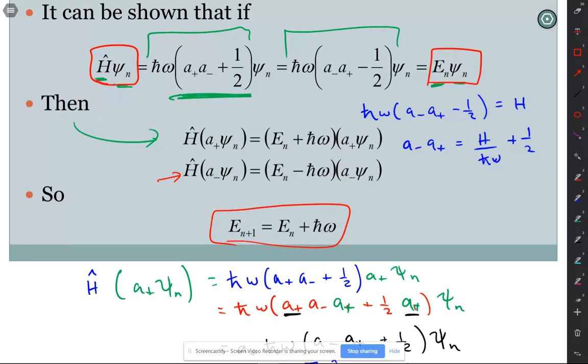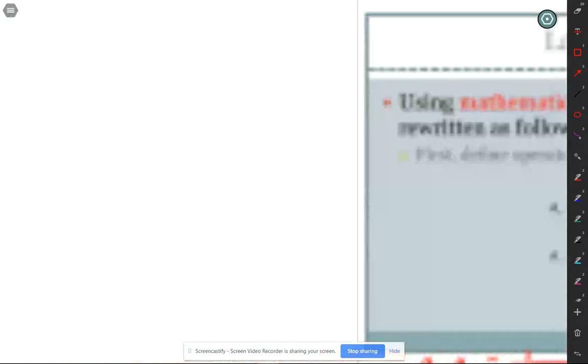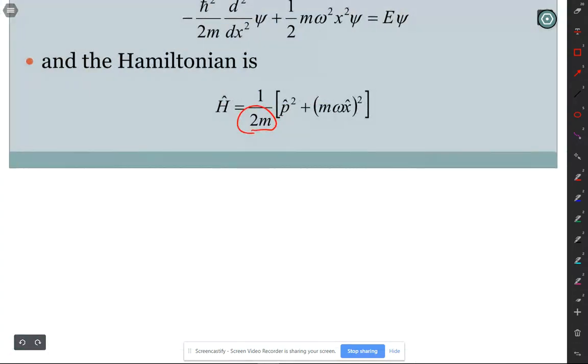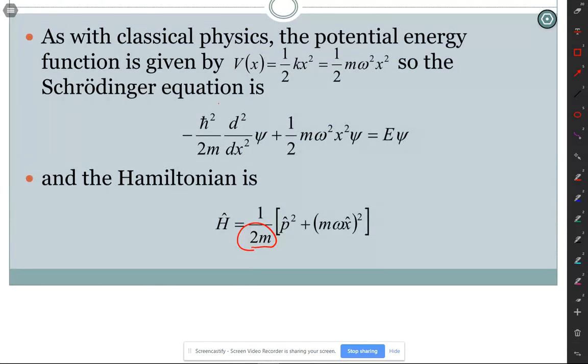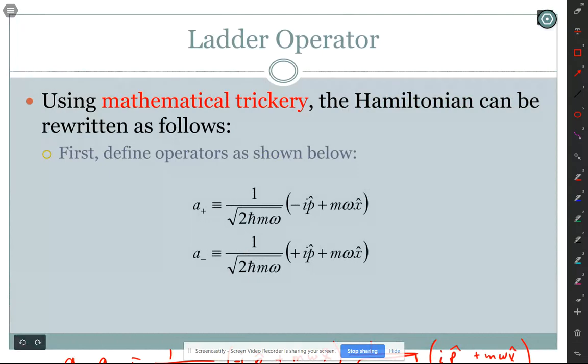Okay, so what we've established here, and I want to make sure we're keeping some continuity of thought. So we started with that simple harmonic oscillator Schrodinger equation, and then we recognize, of course, that kinetic energy is p squared over 2m, so we could write the Hamiltonian in terms of the momentum operator, and then we could create these two operators that we now have learned will raise and lower the energies.